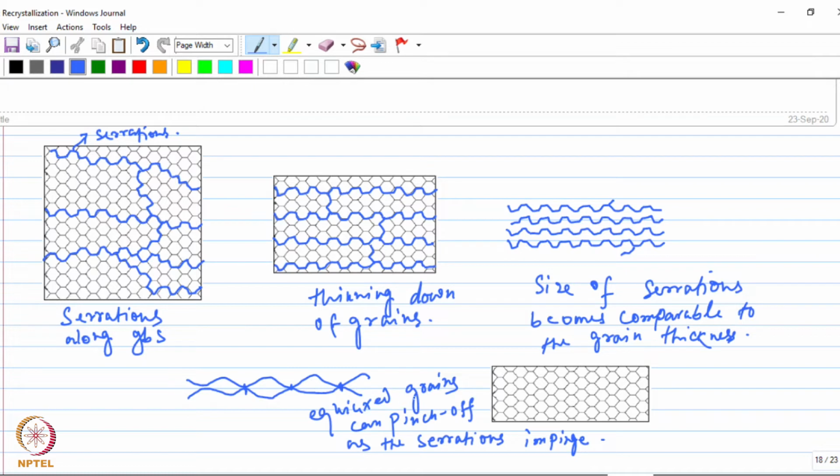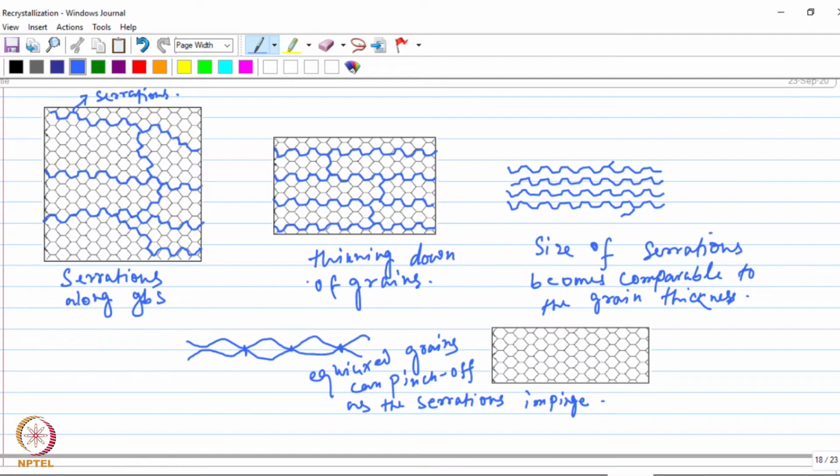So it also tells you that these mechanisms are associated with grain refinement also, right? Because the new grains which are forming are finer in size. Therefore, we may have to revisit this topic again when we talk about the grain refinement process.